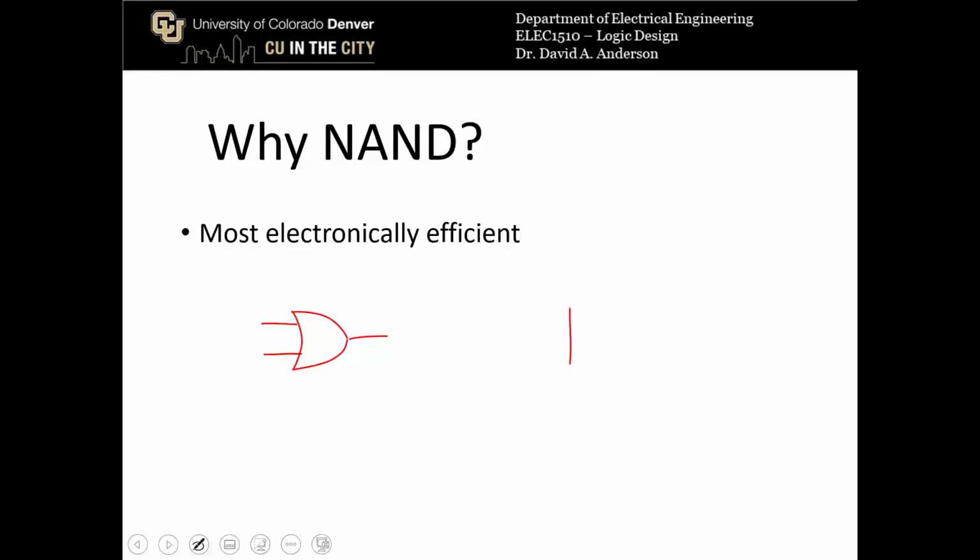The simplest one to build is a NAND gate. This one is actually very, very easy to build electronically. So while it's not quite as conducive to designing simple logic equations, this one is very efficient, which means less money involved in designs. Money goes down. So that's why we want to design things using NAND gates.